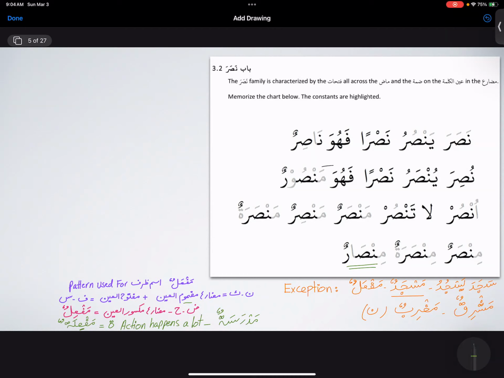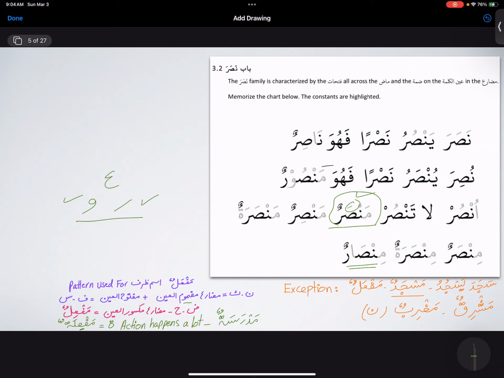So whenever we have a dhamma or fatha on the middle root letter, the ayn kalima, then we are going to choose the pattern Manswarun. Remember they have fatha and they have dhamma, and that is always up, so you're going to choose this Manswarun pattern.